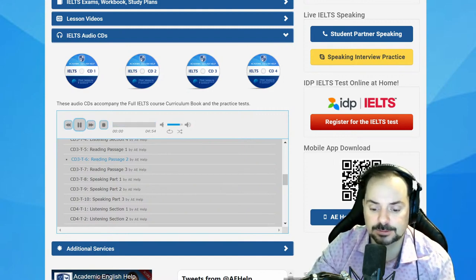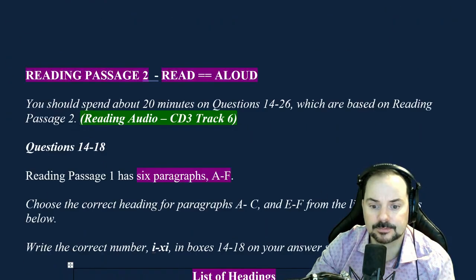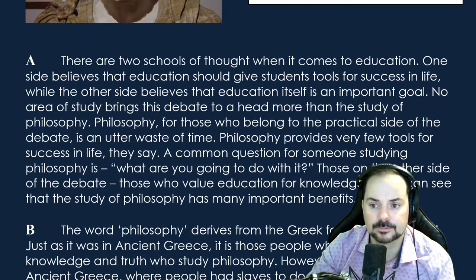Here we go. Why study philosophy? There are 2 schools of thought when it comes to education. One side believes that education should give students tools for success in life, while the other side believes that education itself is an important goal. No area of study brings this debate to a head more than the study of philosophy.